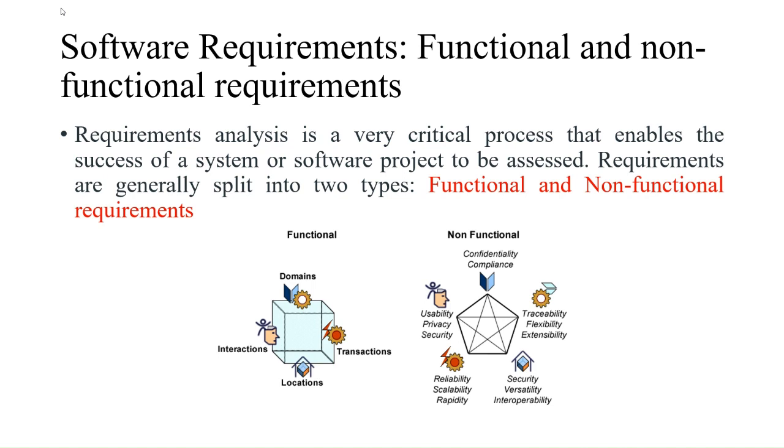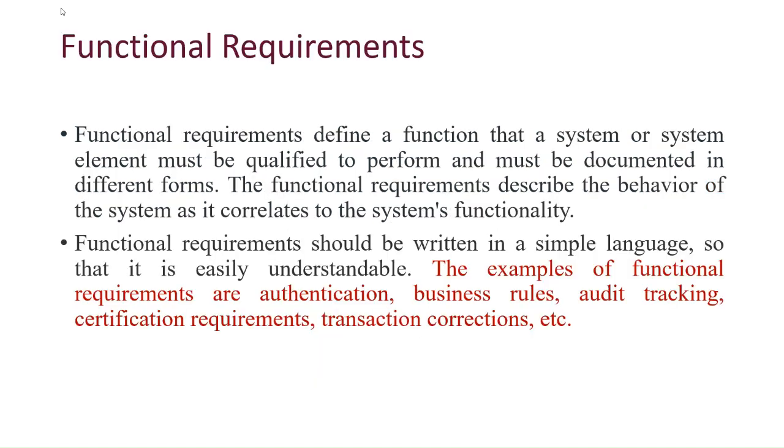Software requirements are divided into two types, that is functional and non-functional requirements. Let us discuss each. The first is functional requirements. Functional requirements are technical requirements which define the function of the system, and how the performance of the system is discussed.